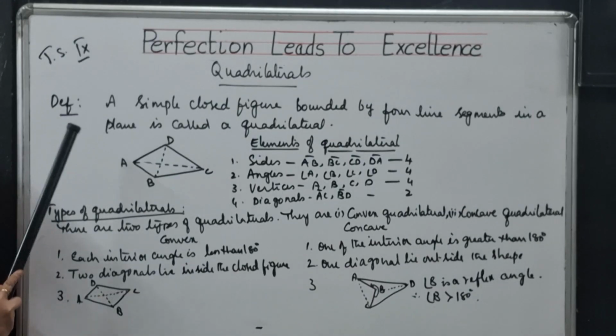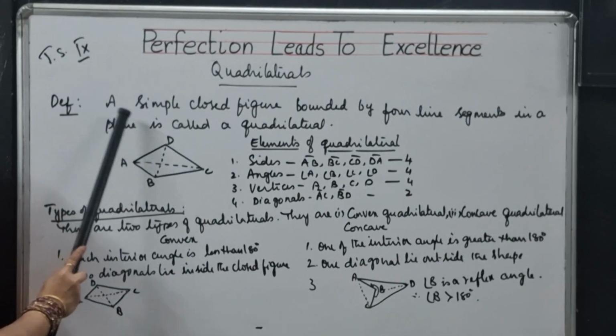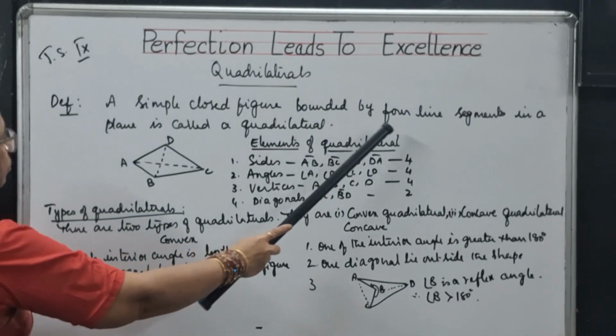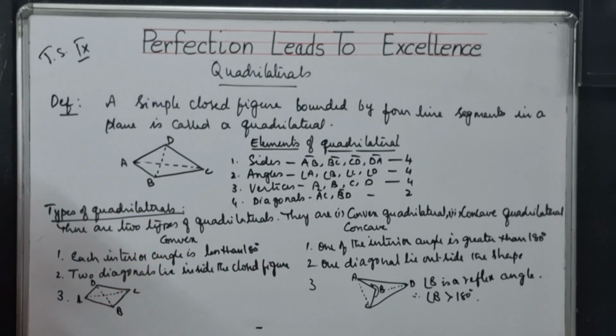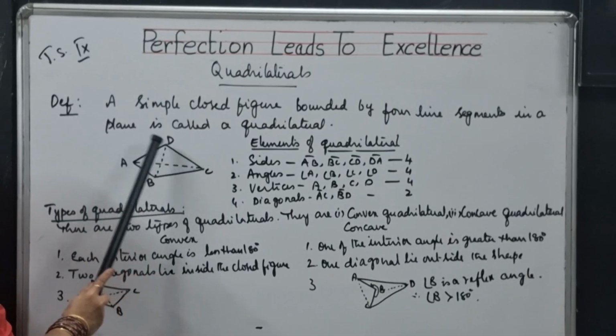Please listen to it. The definition of a quadrilateral is a simple closed figure bounded by four line segments in a plane. Simple closed figure. See, this is a closed figure which is bounded by four line segments. So what are the elements of a quadrilateral? It has four sides: AB, BC, CD, DA.